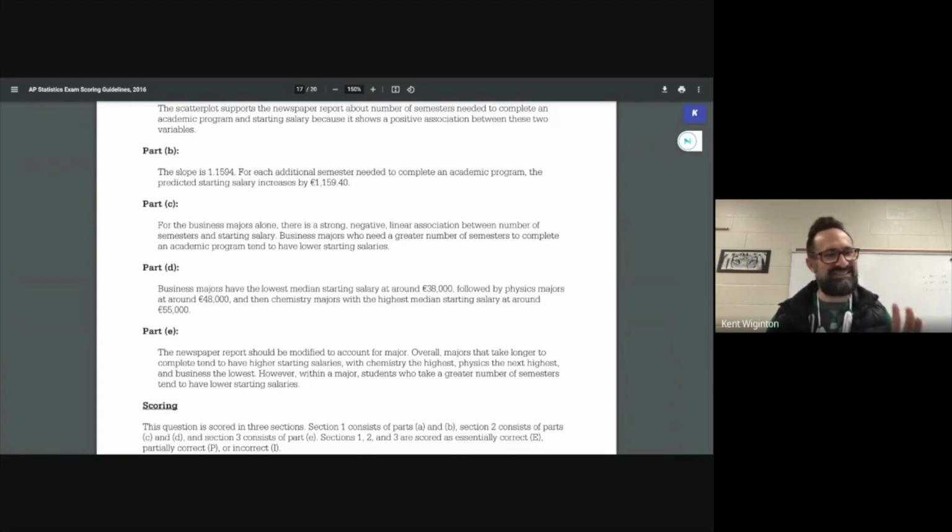Okay. Part D, a little bit more specific. Based on those people in the sample, compare the median starting salaries of the 3 majors. What'd you say? What'd you do? So, yes, all the above, what you just said. It said to compare them.